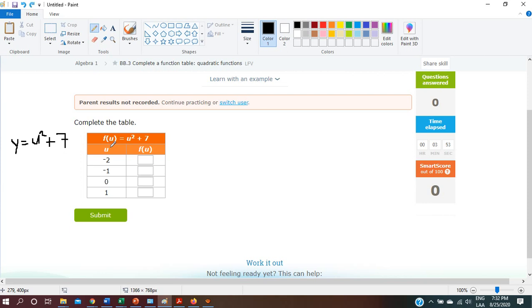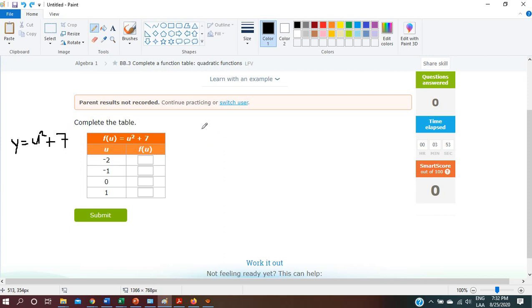Okay, so in other words, what is the value of y, or what is the value of f of u, when u equals -2? Remember how we got y in the previous lesson?